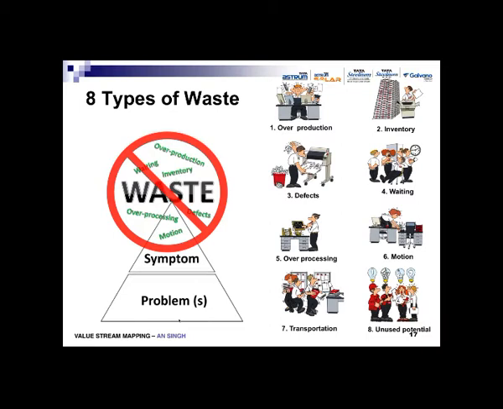People have a lot of experience, but that experience is not used because they are not getting any opportunity to apply it, and these opportunities can be provided for solving process problems. So these are the 8 kinds of waste. They are the main reason for any company to make less profit and to become less competitive.